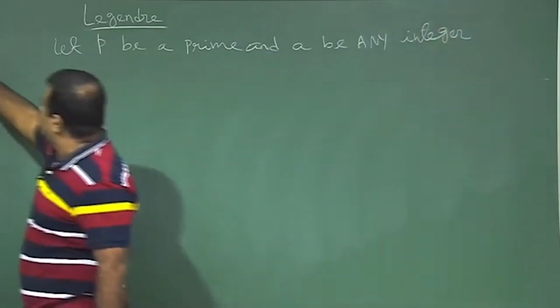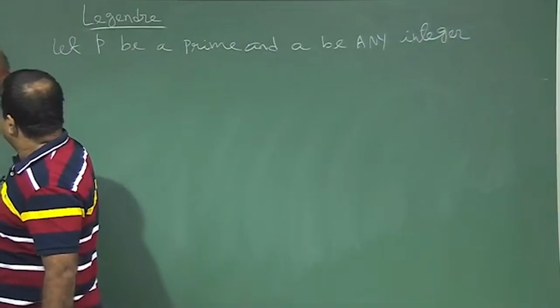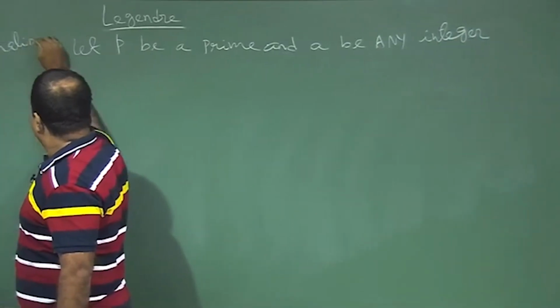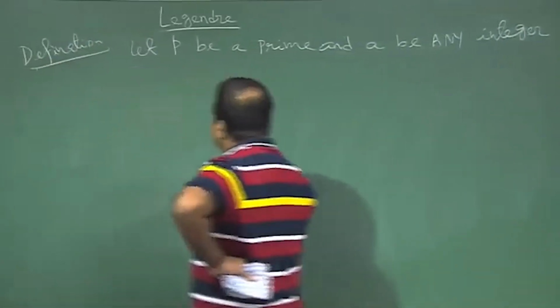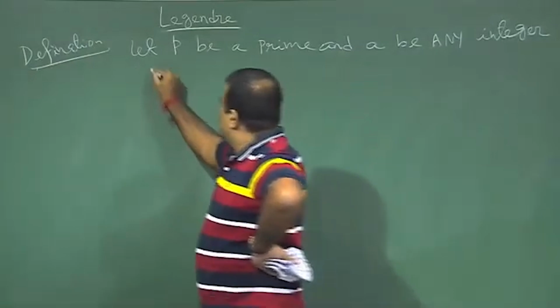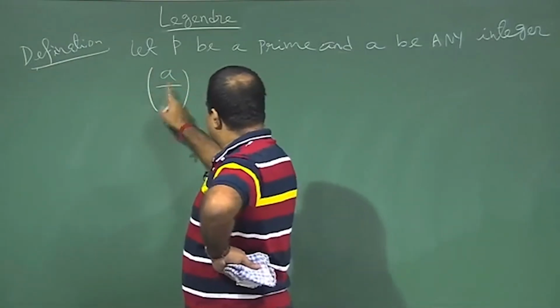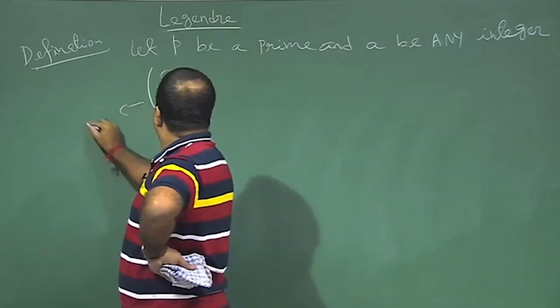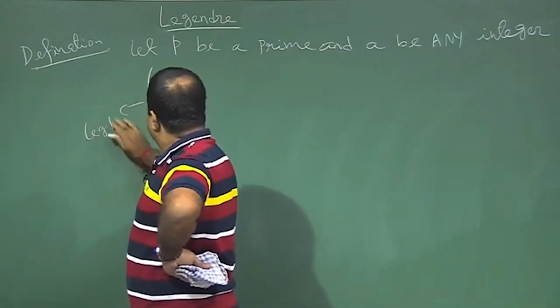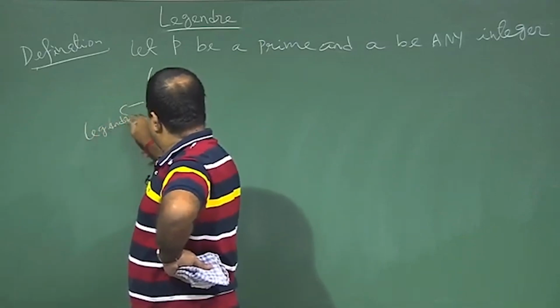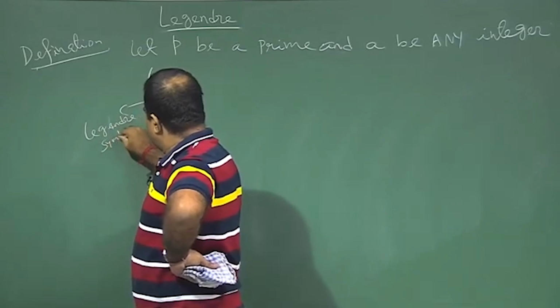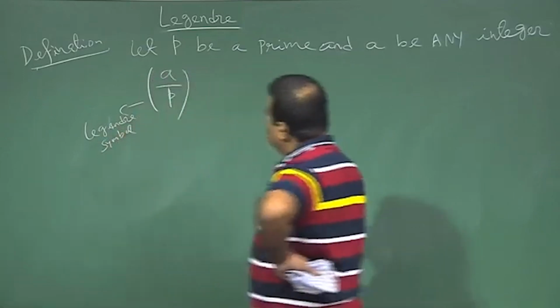This is the definition of the Legendre symbol. Then we define (a/p) like this. This is how we denote the Legendre symbol.